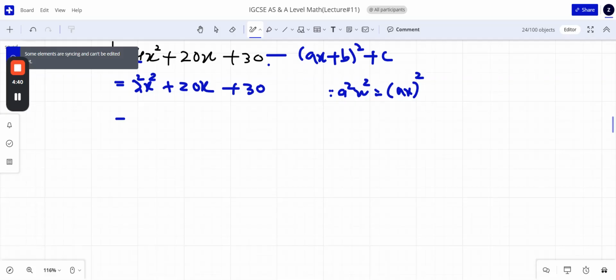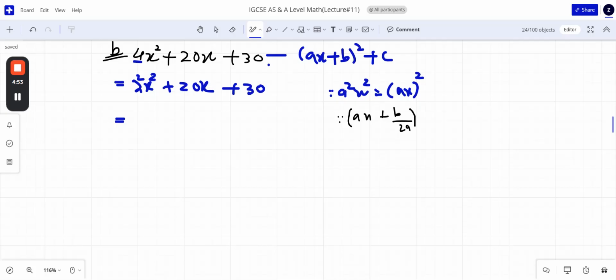Now the second thing is we will apply the completing square formula here, which is (ax + b/2a)² − (b/2a)².